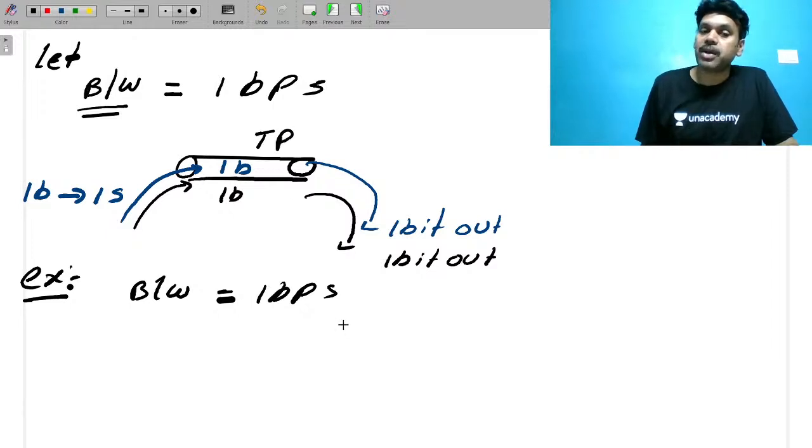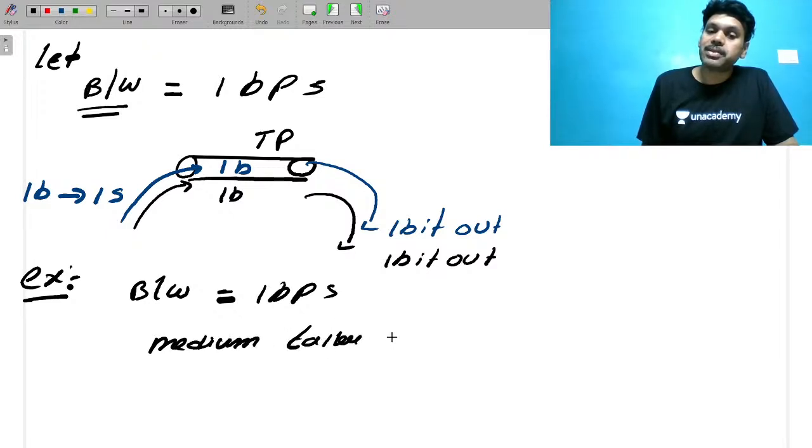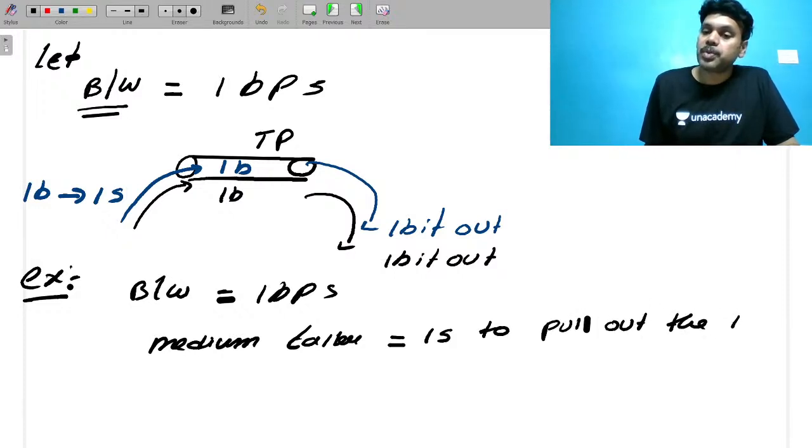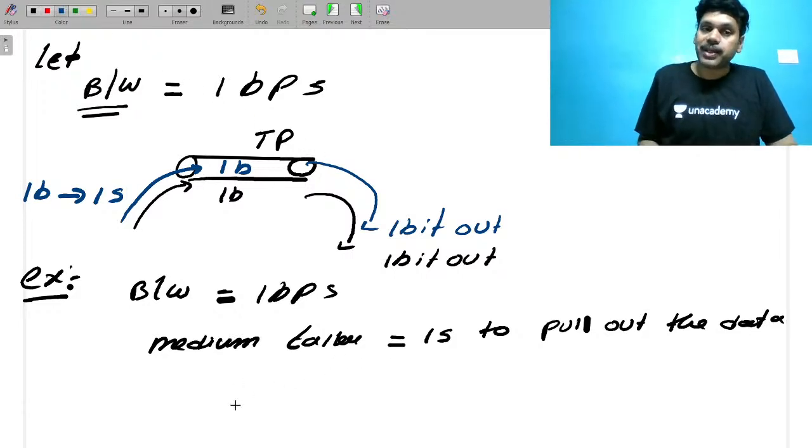I will explain now. The medium takes 1 second to pull out the bit, to pull out the data. Now I am interlinking your propagation time. Observe carefully.